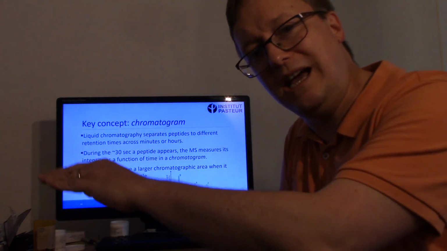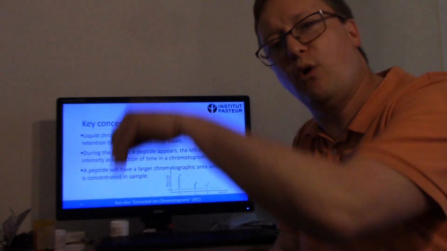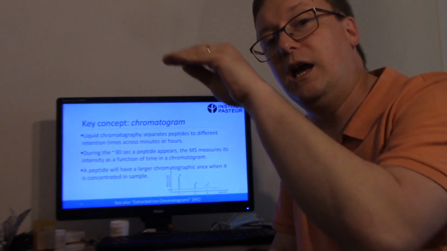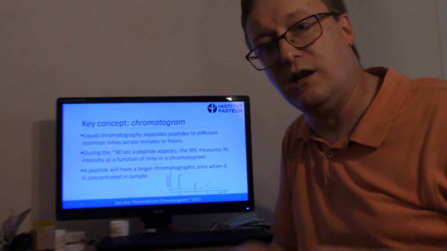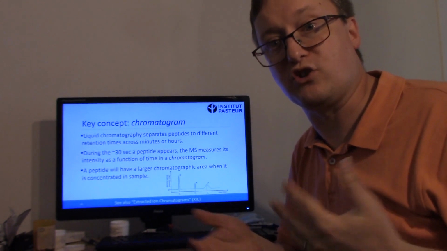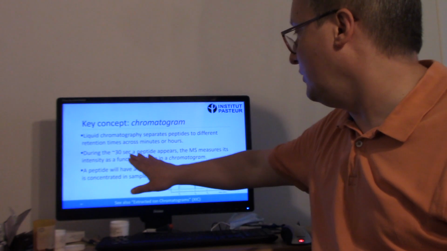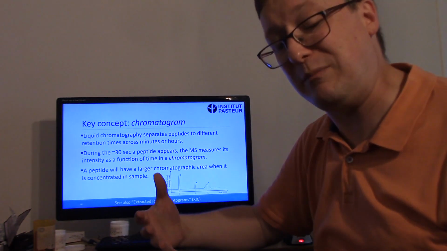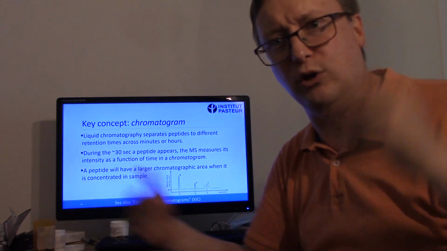As a result, a given peptide is going to show up at some moment in time as it starts to elute off the column and then slowly fall back down again at the trailing end, essentially, of its chromatography. So you generally would have something like 30 seconds for a typical peptide in one of these hour-long experiments.